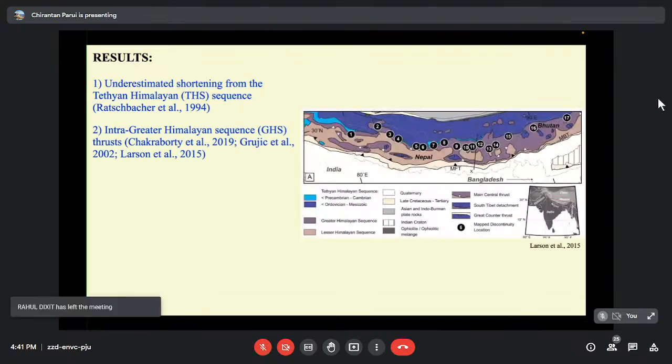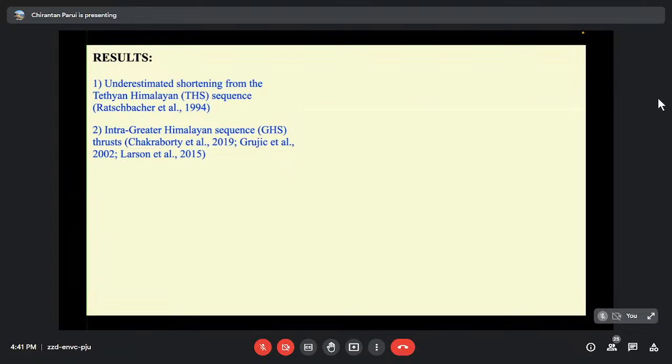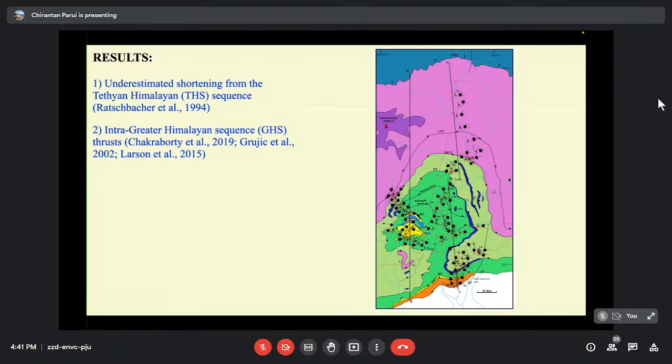Recent studies have shown that there are multiple thrusts within the Greater Himalayan sequence rocks. One such thrust has also been recently discovered by Chirantan Chakraborty. Their work has shown that there are thrusts within the GHS.